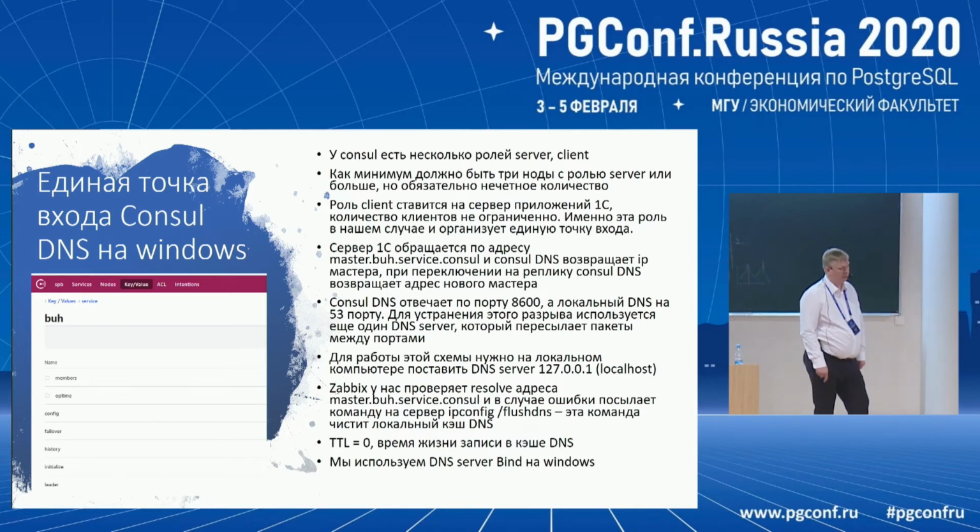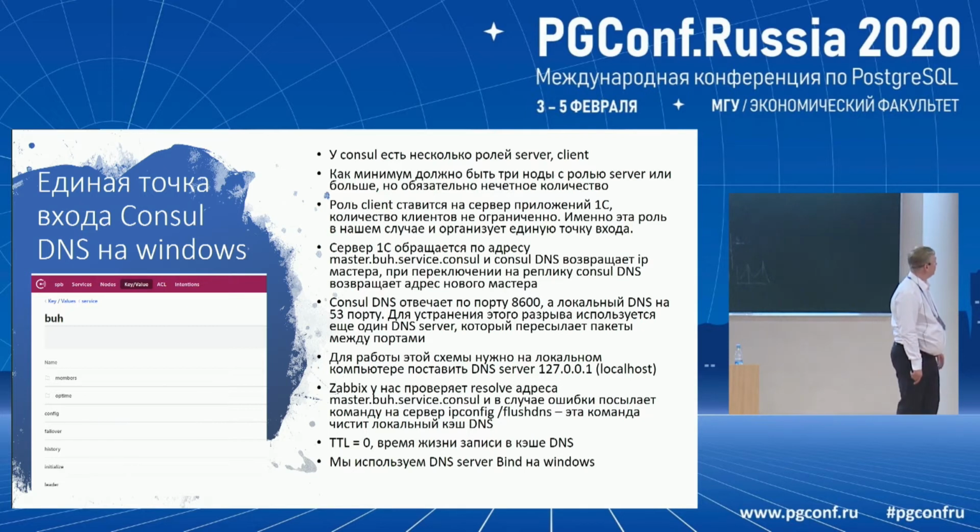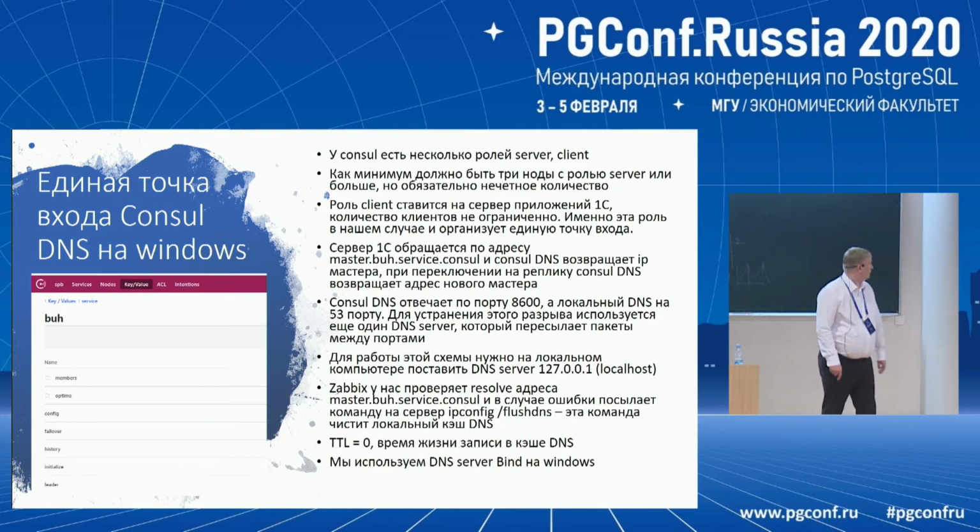What issues did we have? We selected UMask DNS at the Consul website. It offers different DNS servers for use. So we tested several of them. The most stable turned out to be Bind.